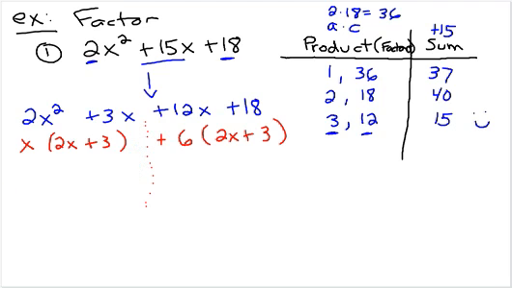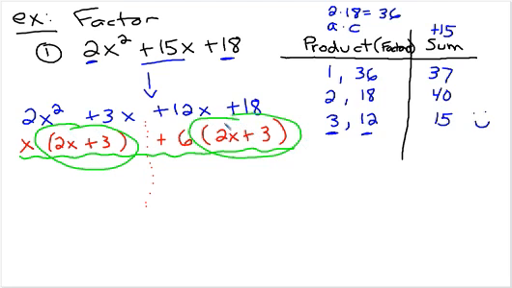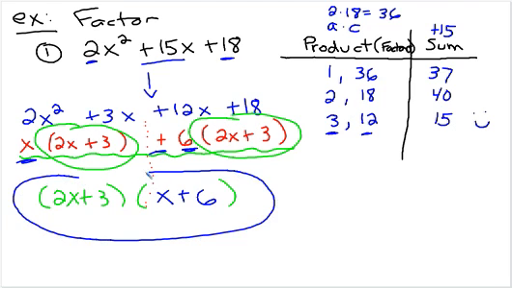I now look at the entire expression, and I see that there's a common factor here and here that I pull out, 2x plus 3. What is it multiplied by? It's multiplied by what is left, x plus 6. And that problem is now done.